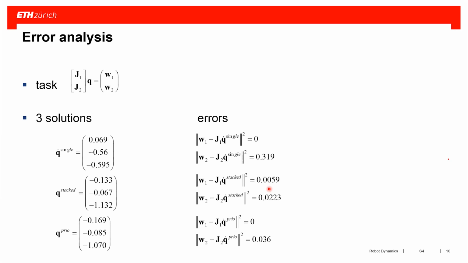Then this formalism with priorities really allows you to do this in a very clean manner. And we can have arbitrary tasks, in particular for very complex multi-body, multi-link systems, like a humanoid or legged robots, where you typically have multiple objectives that want to be fulfilled at the same time. This is a formalism that allows you to do this.